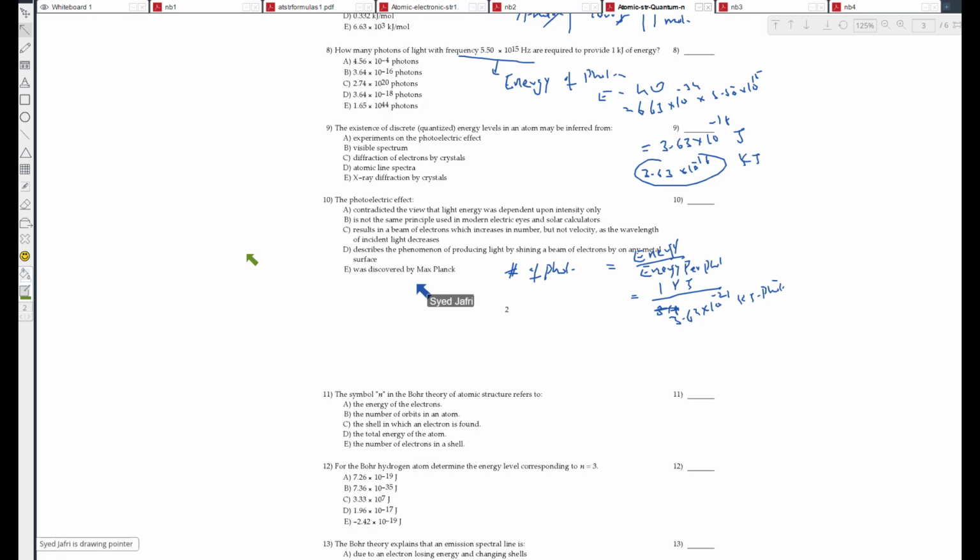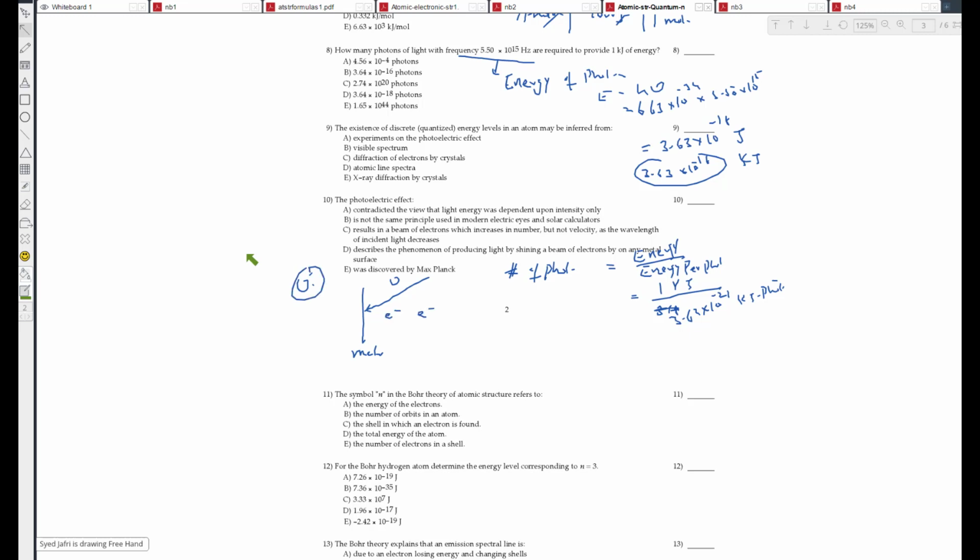First, I will explain the photoelectric effect briefly. Suppose there is a metal sheet, like a metal plate. Light strikes this metal plate, and if the frequency of that striking light is equal or greater than the threshold frequency, then electrons come out.